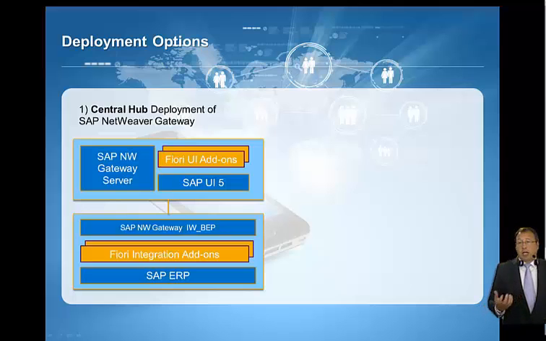Or you might have a scenario where one is going from the ECC system and presenting that data, and another scenario which is being deployed from the CRM system. And obviously the back end, or the multiple back ends, just have a small add-on in place to communicate to the hub.